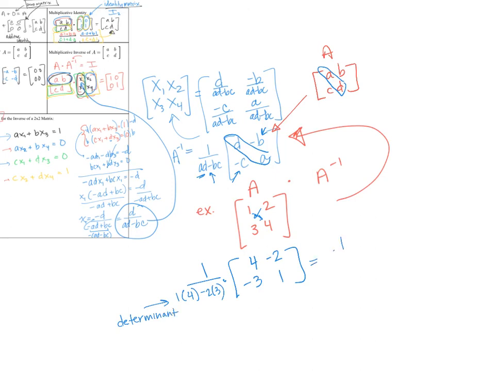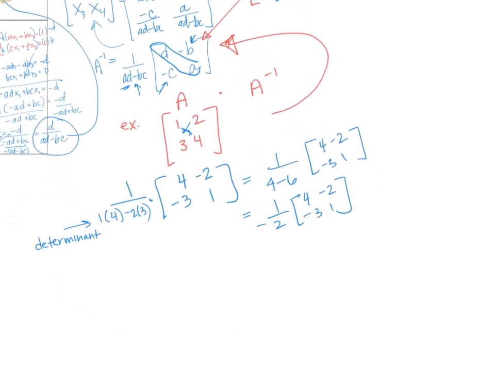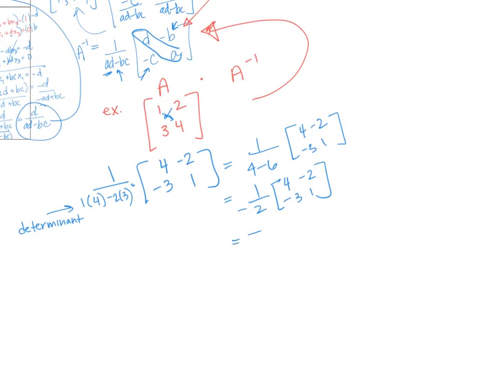So we have 1 over 4 minus 6 times 4, negative 2, negative 3, 1. This is 1 over negative 2, so negative 1/2 times that matrix, which, if I multiply that in, gives negative 2, positive 1, positive 3/2, and negative 1/2. So this is our inverse matrix.